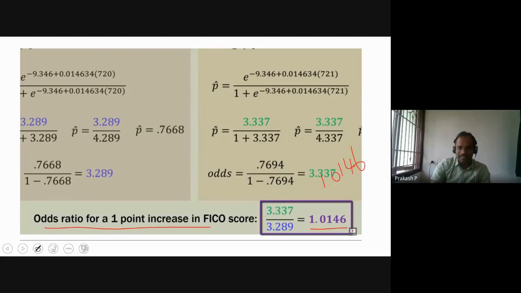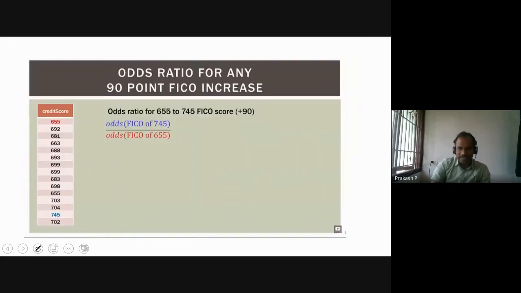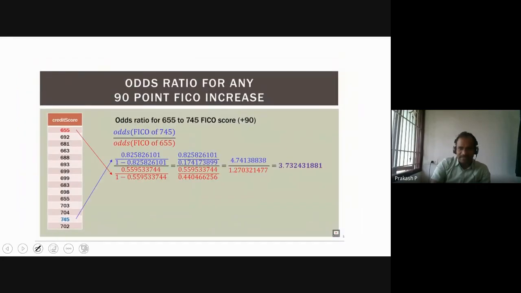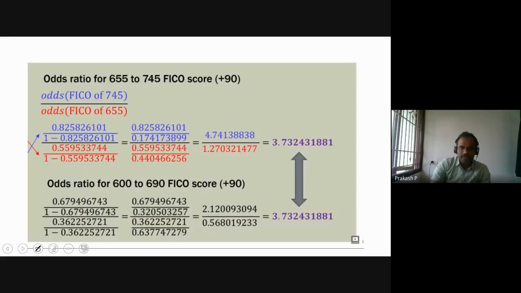1.0146. What it means is, this is the odds ratio, right? What it means is, if we have a score of 90, from 655 to 745, 90 is there. 600 to 600 is 90. You see, the odds ratio remains the same, which means there is a 73% chance you may get a loan.